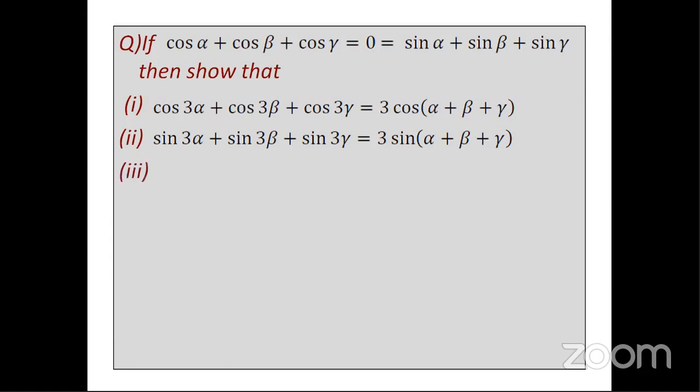And lastly, we have to prove cos of alpha plus beta plus cos of beta plus gamma plus cos of gamma plus alpha is equal to 0.